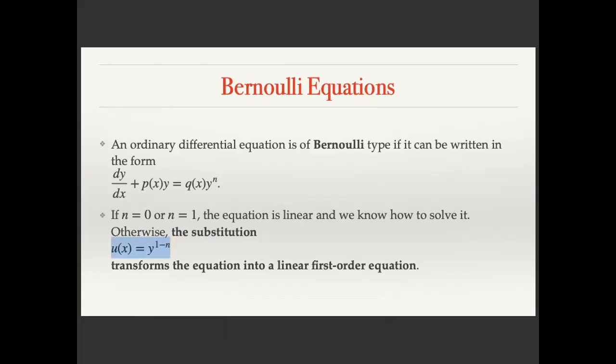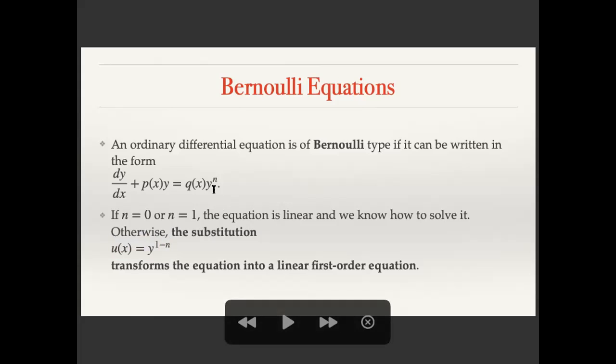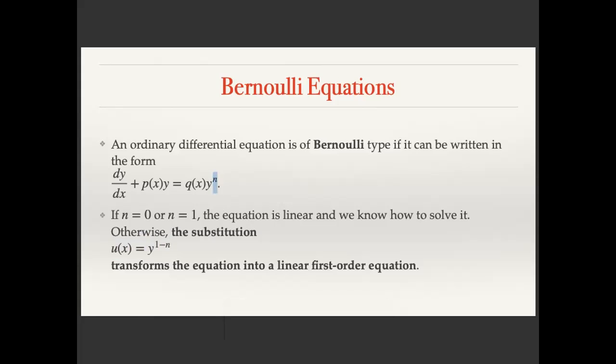So we need to make the substitution u of x is equal to y to the power 1 minus n, where n here is the power of y on the right-hand side of this equation. And this substitution is guaranteed by a proof to transform this equation into a linear first-order equation. If n is equal to 1, the equation is already linear first-order, so there's no need to make the substitution.